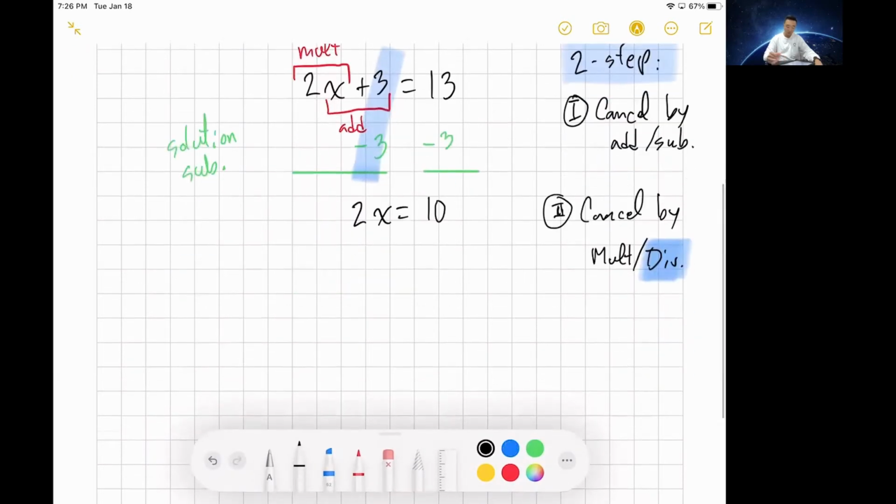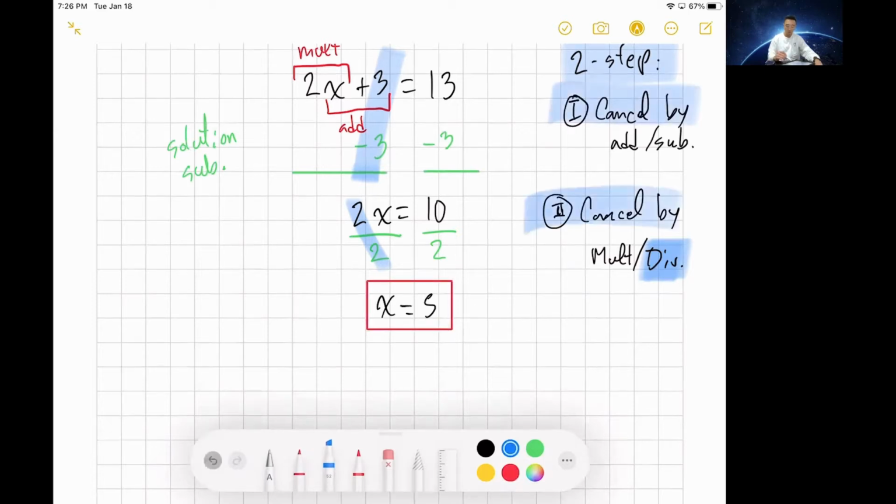So we're going to go ahead and divide next. Make sure you use highlighters, different colors on your notes. 10 divided by 2 is 5. So two-step equation because there's two steps involved. 1, cancel by adding or subtracting, and 2, cancel by multiplying or dividing.